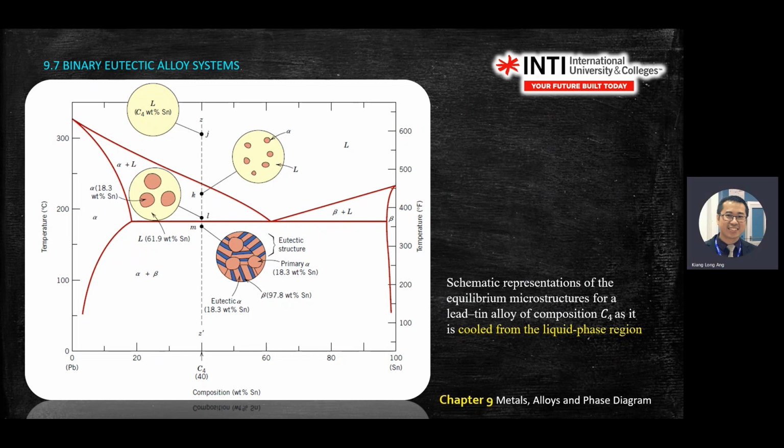Again, where does the eutectic temperature happen? Use your ruler, identify where the liquid is, and drop down. This is the boundary of the liquid. You drop down, then you see the lowest point. This is your eutectic point. You draw a horizontal line with your ruler.